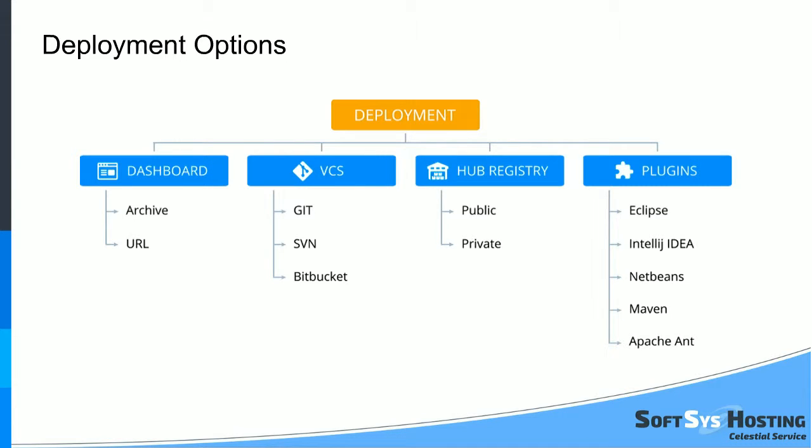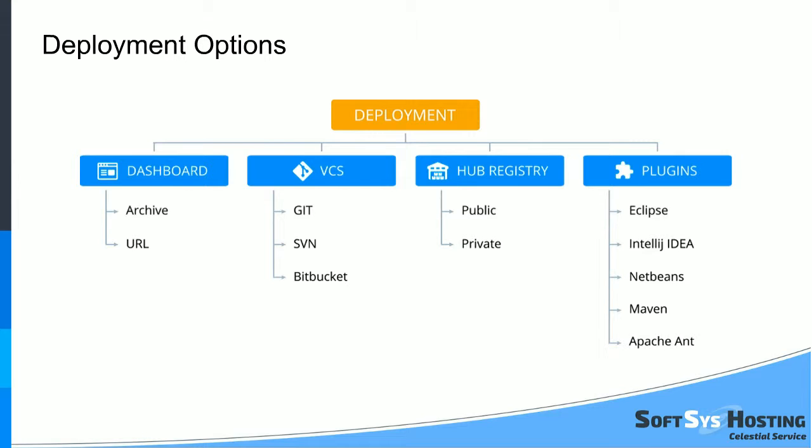We'll now move into some of the popular deployment options. Developers require full control over deployment, and they prefer to do it using an option that they are most comfortable with. You should essentially look for a platform that provides all of these options. You can deploy using an archive on your local machine through the dashboard, or just provide a URL and it will be auto-downloaded and deployed.